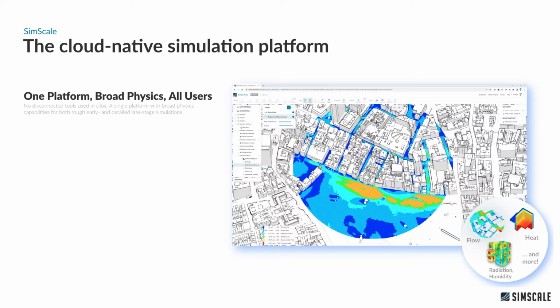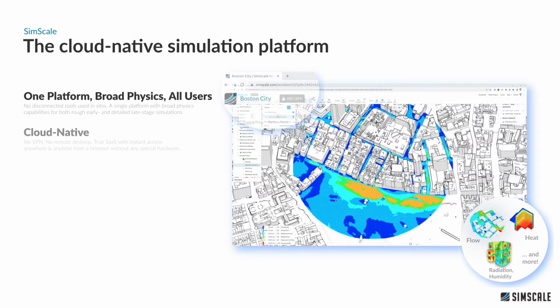You can analyze flow phenomena, heat transfer, radiation, including humidity effects, and much more. It's a platform made for all users, for very early stage use cases, but also very late stage verification analysis. It's made for connecting people on one project who work collaboratively together and not in silos.